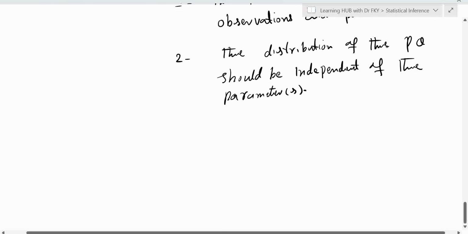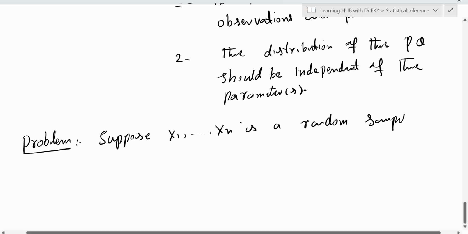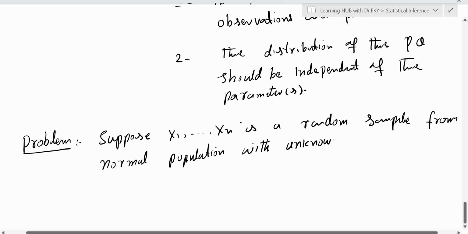Now let's suppose we have a normal population problem. Suppose x1 up to xn is a random sample from a normal population with unknown mean mu and known sigma square.